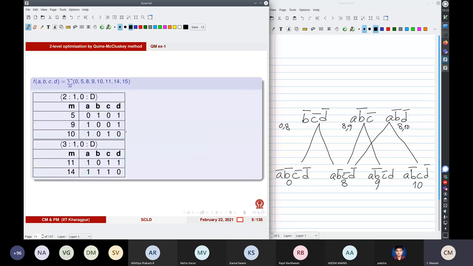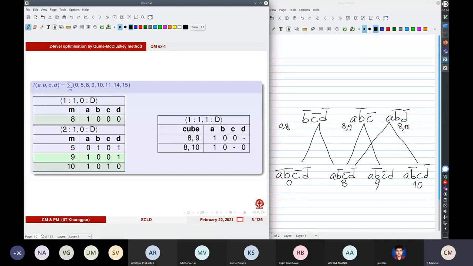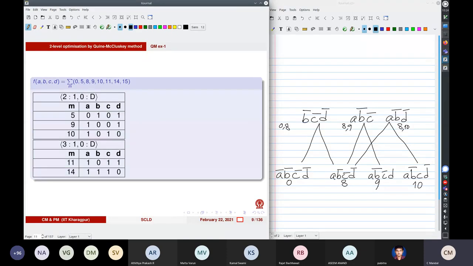Now we progress further. We consider cubes that are adjacent to 5, 9 and 10, because these are the cubes with two number of ones, and then we consider cubes with three number of ones. We have this 5, let us write this somewhere.